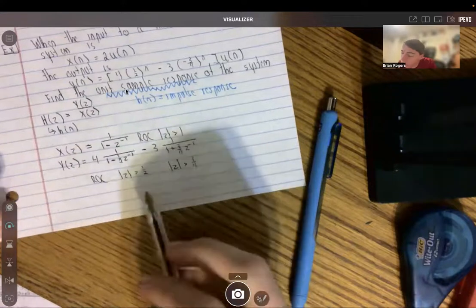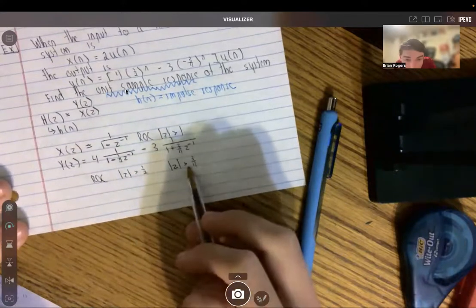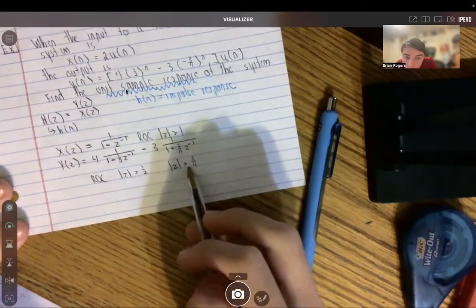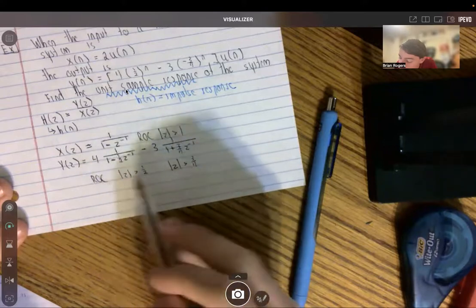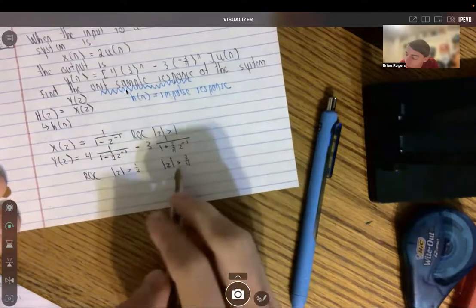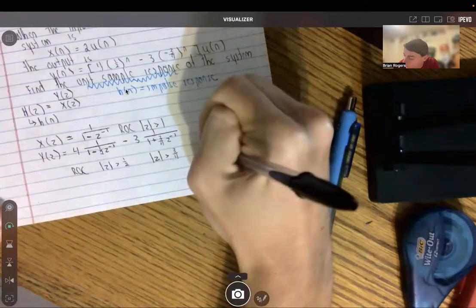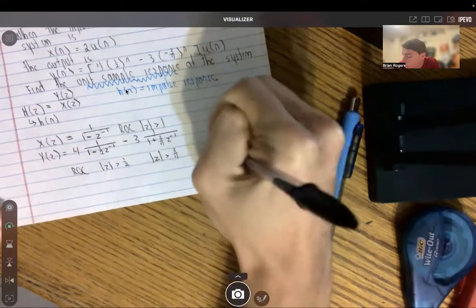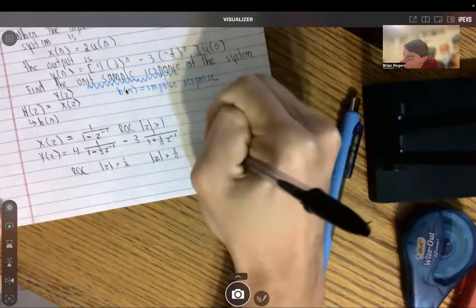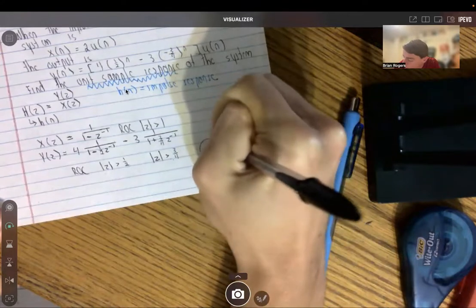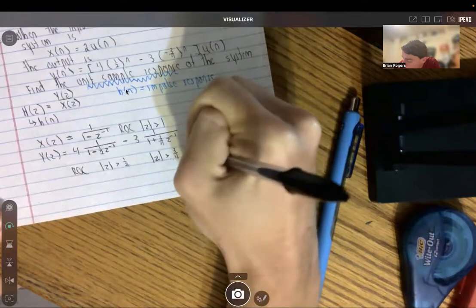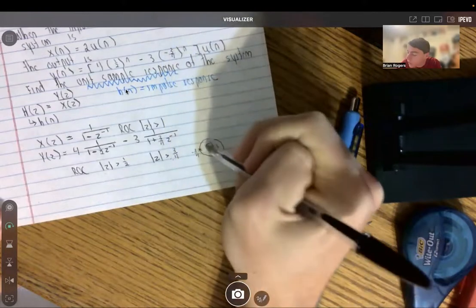And so, what is the area of overlap for this? If you had to specify the region of convergence for Y of z, the area of overlap is going to be, well, when you draw the circles, this would be at 1/2, let's say, and then the other one was at our -3/4. But remember, both of these include the exterior.